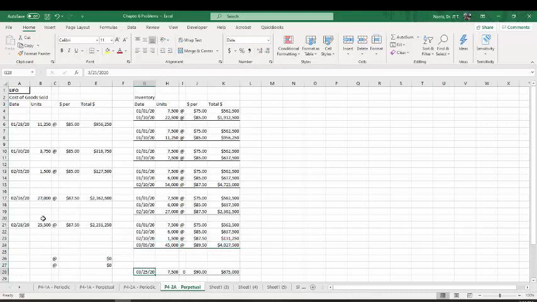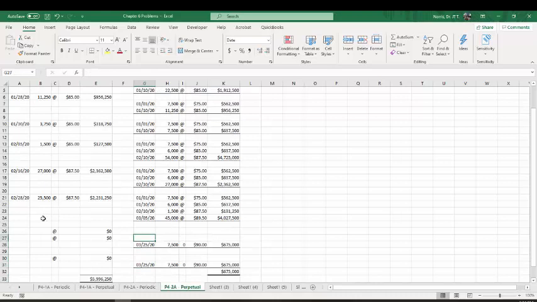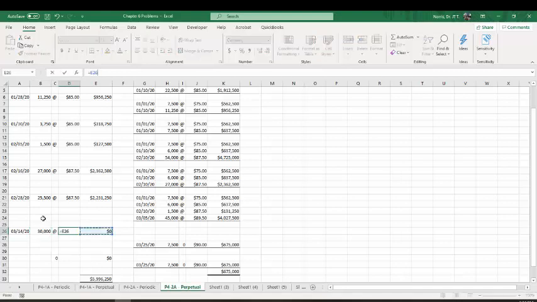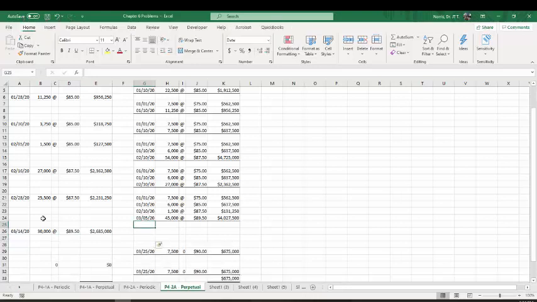And when we get to the March 14th sale of 30,000 units, that is all going to come from the March 5th at $89.50. And now what are we left with? Now we have 4 layers.